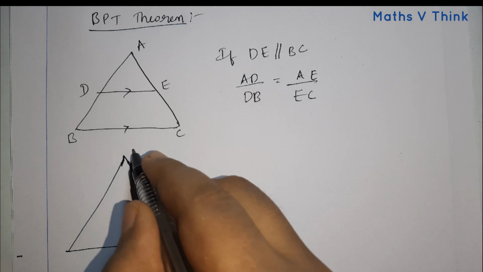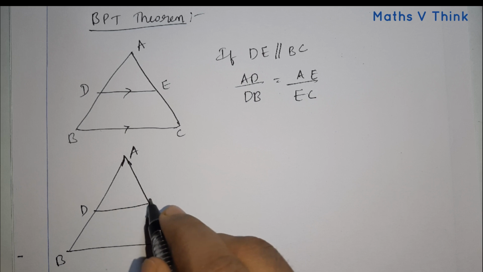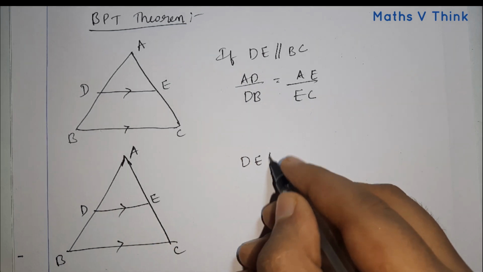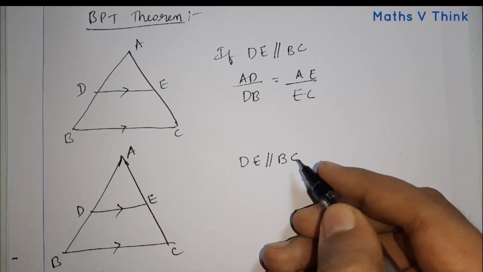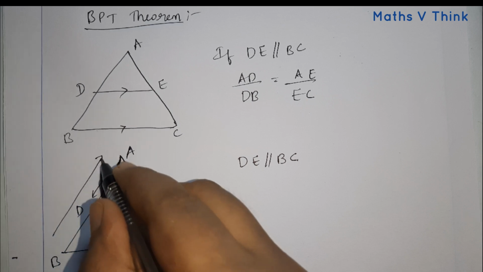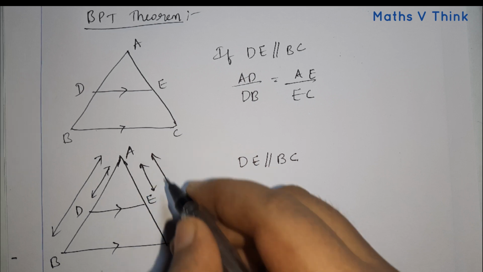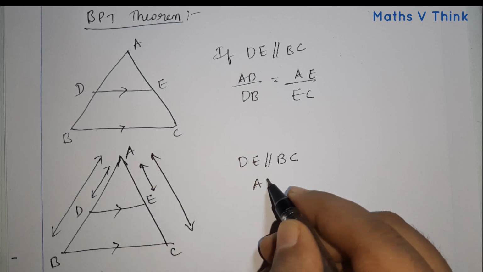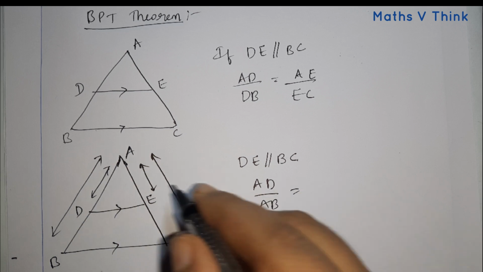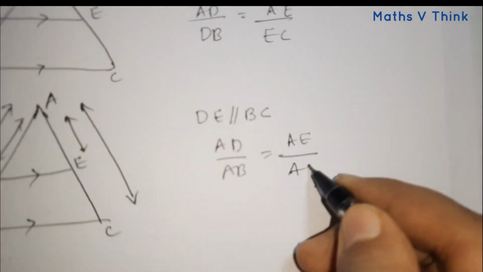Now, in the same case, let's take a triangle ABC in which DE is parallel to BC. So now I can tell this side divided by the whole side, same with this divided by the whole side, will be in the same proportion, nothing but AD by AB is equal to AE by AC.